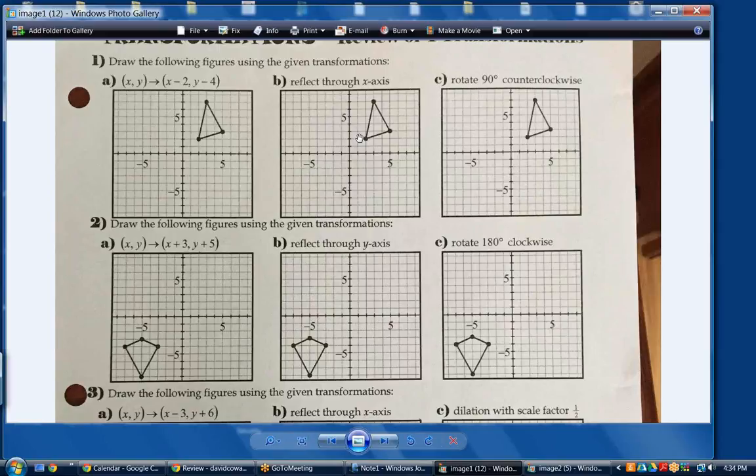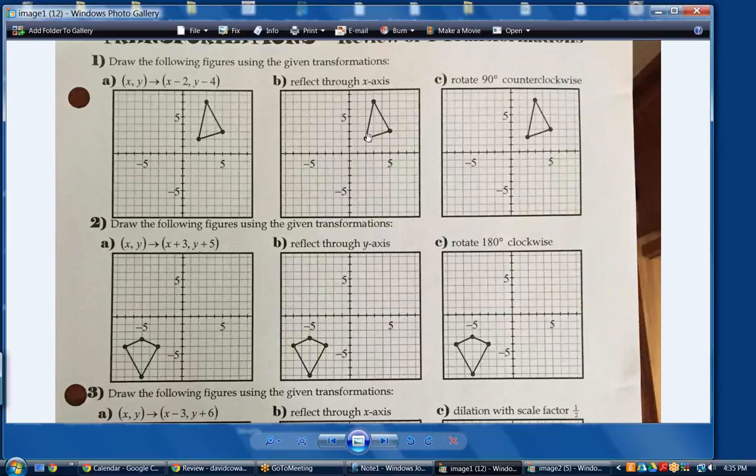That'd be where it's at right now. It's currently at 2, 2. So reflect it over the x-axis, and where does it end up? 2, -2.